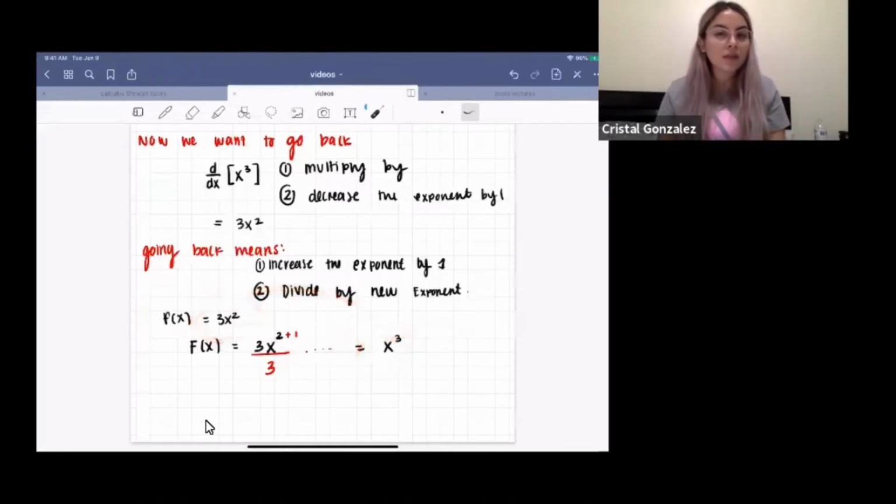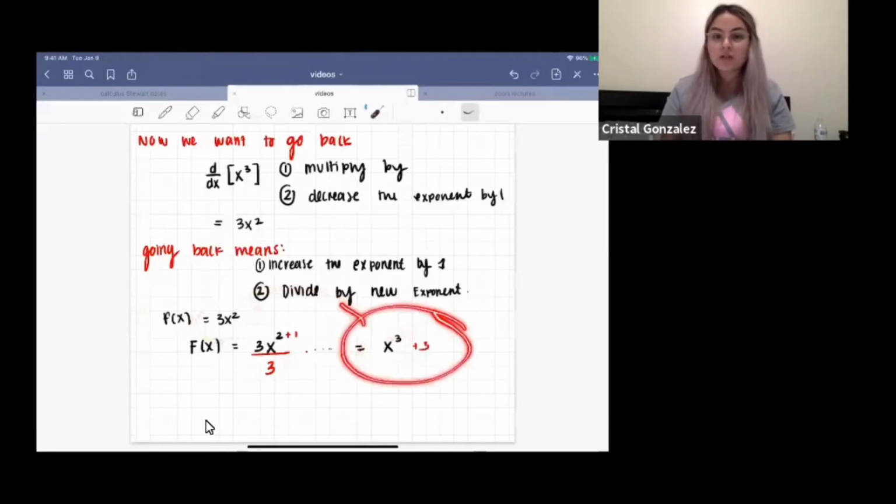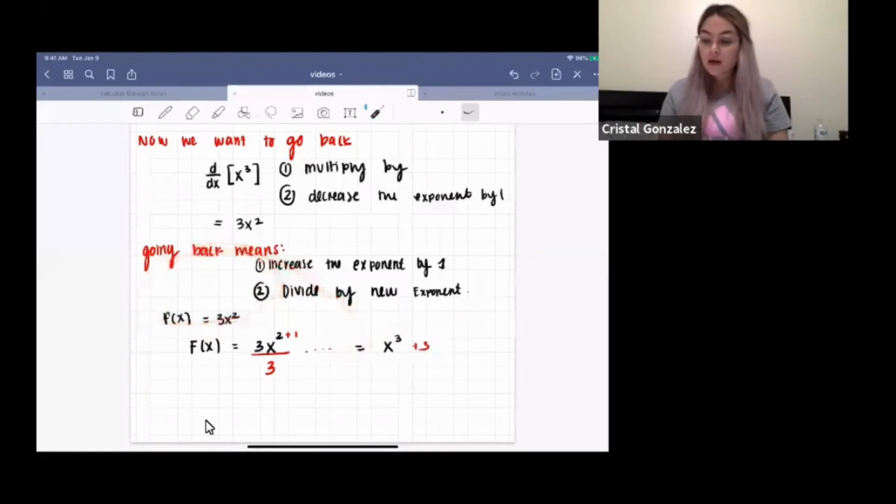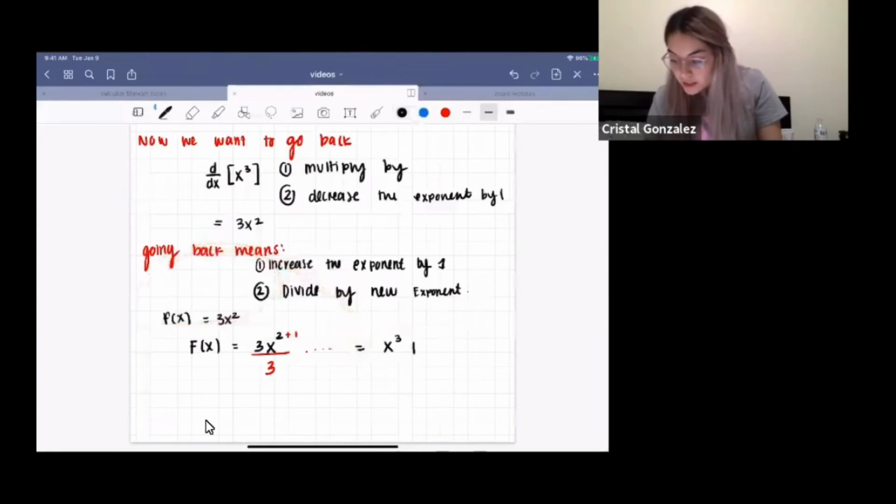But here's the thing, we're not done. Because if I added something like plus 3, the derivative of this is still this function. So because of that, instead of writing 3, we are going to write plus c.